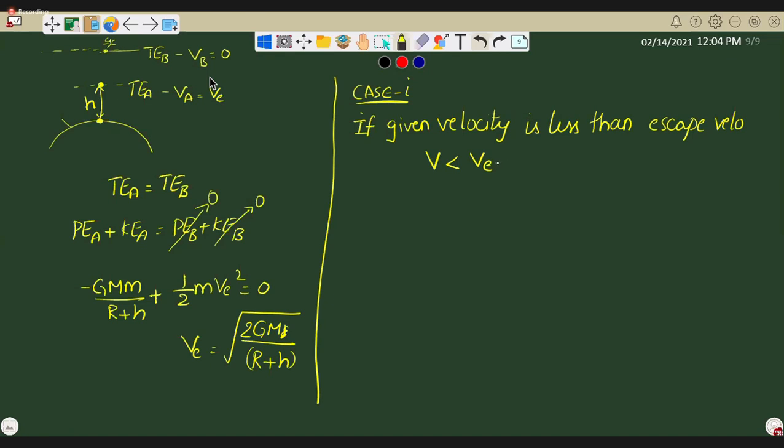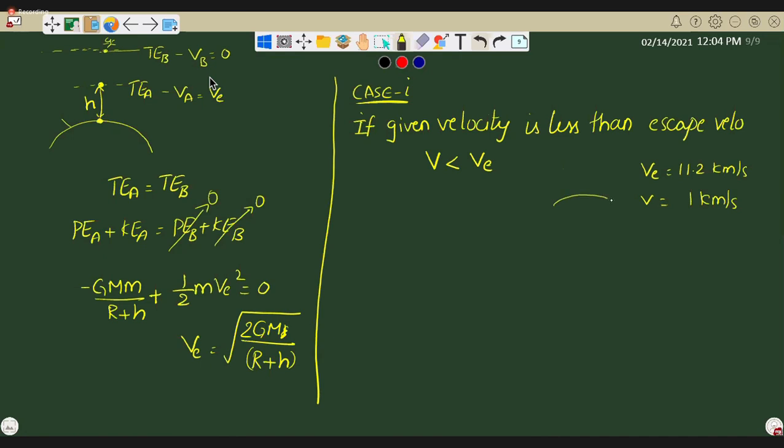See, escape velocity is, let me say, 11.2 kilometers per second, right? Yes, sir. Now I'm giving a body only 1 kilometer per second velocity. What happens to this body? It won't cross. It will go to a certain height and again fall down, right?